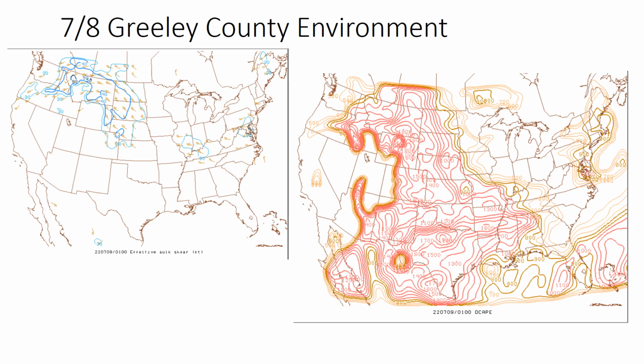But in Greeley County itself, at least according to the SPC mesoanalysis, there was 30 knots of wind shear present, and the DCAPE, as is pretty much normal out here during the summertime, is again well above 1300.